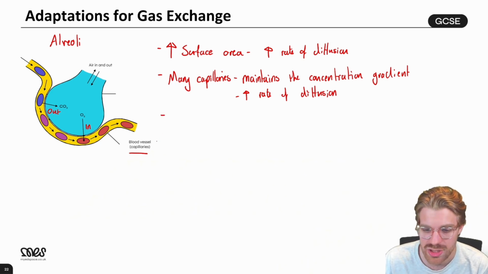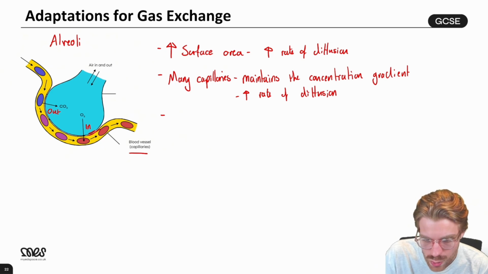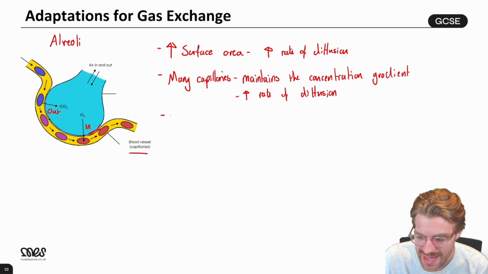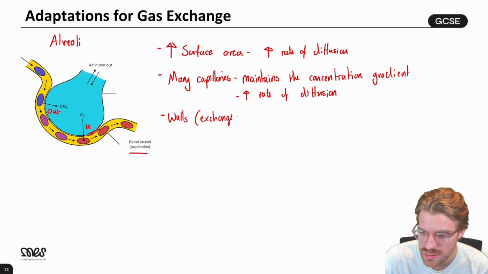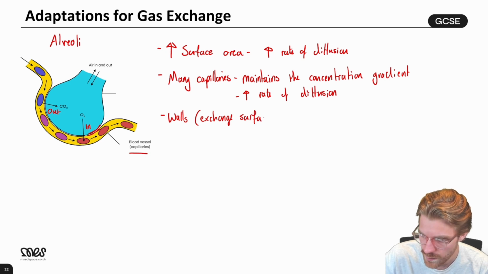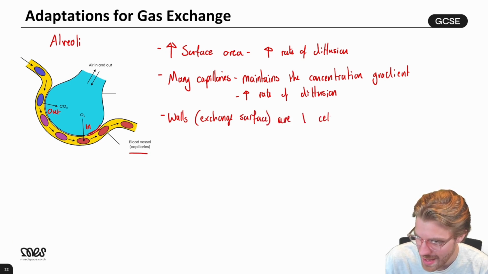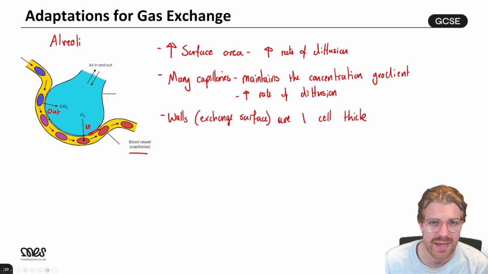Our next adaptation refers to the walls of these capillaries and the walls of the alveoli. We can say that the walls, or perhaps we could say the exchange surface, are 1 cell thick. The mistake that students frequently make is they say that the membrane is thin or the membrane isn't thick.